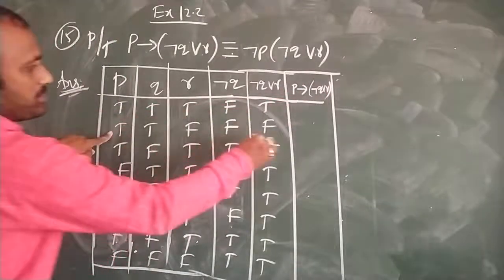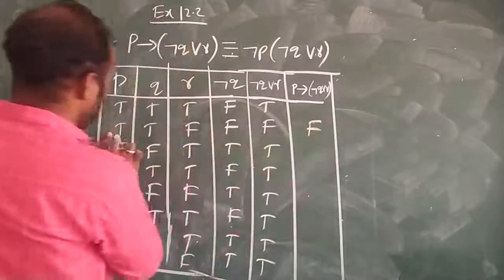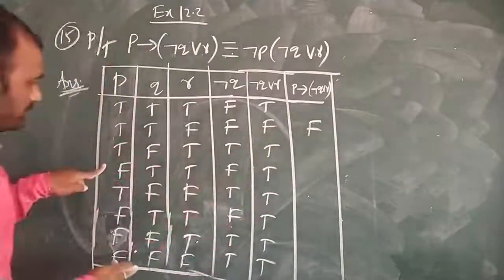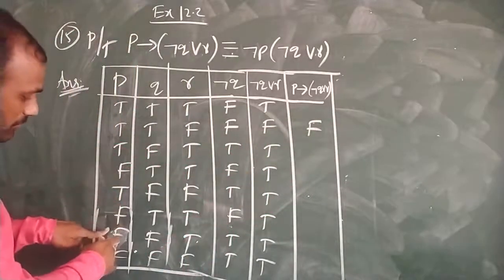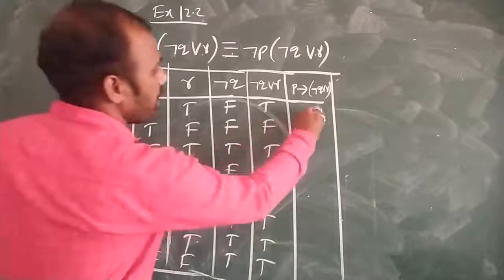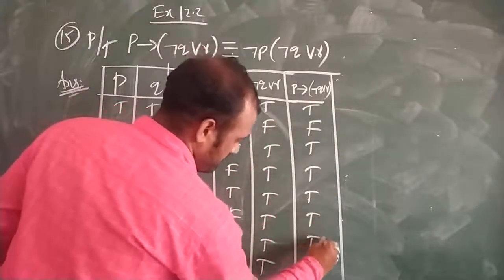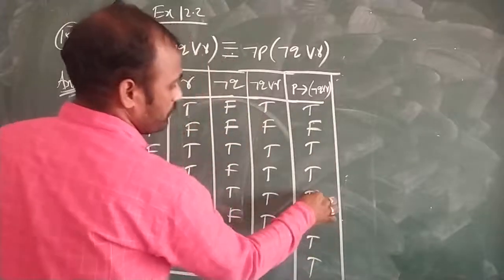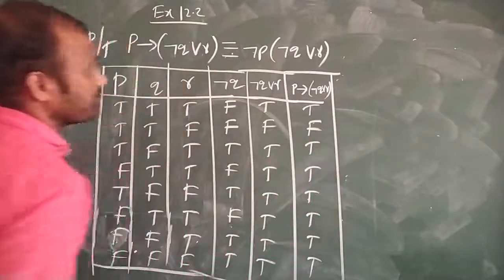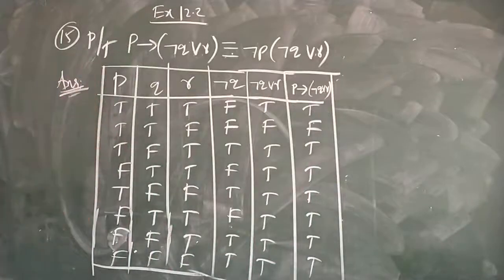So the second statement is false because here T, here F, TF false. Anywhere TF is there, it will be false. Remaining all cases will be true. So this one we have done.